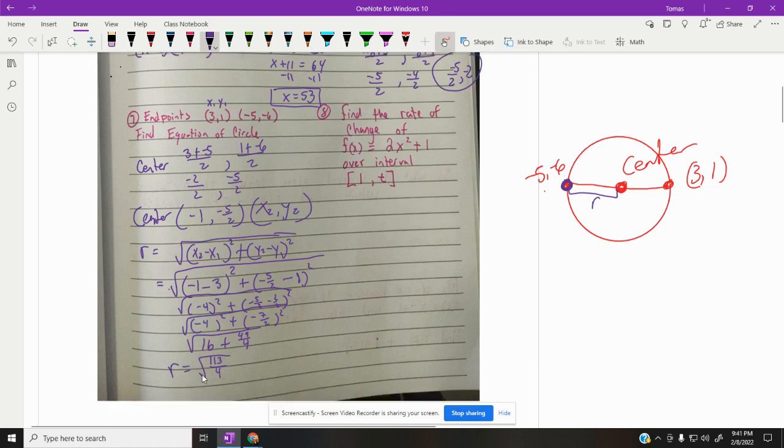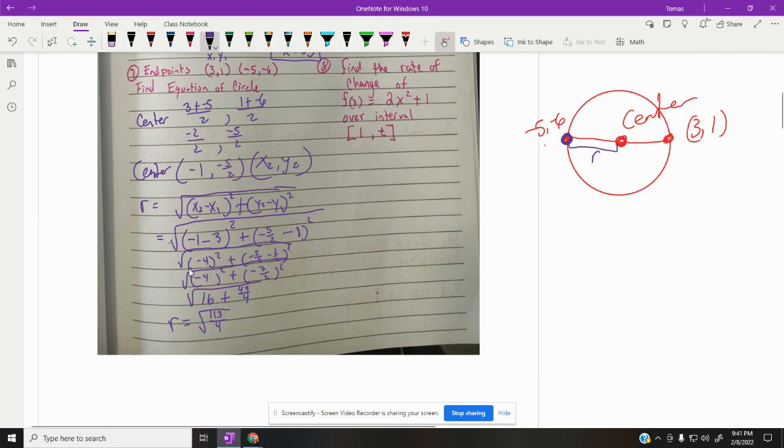Okay. So then all we need is our center. So we put minus 1 squared, and then minus 5 over 2 squared equals this r squared. Remember, it's always squared.